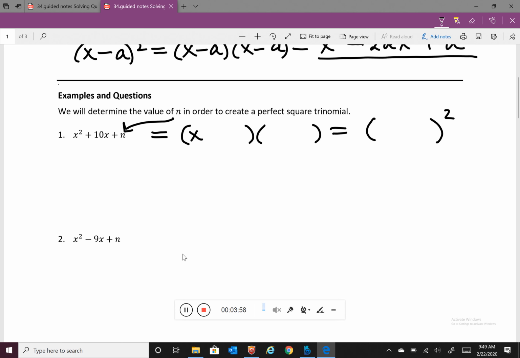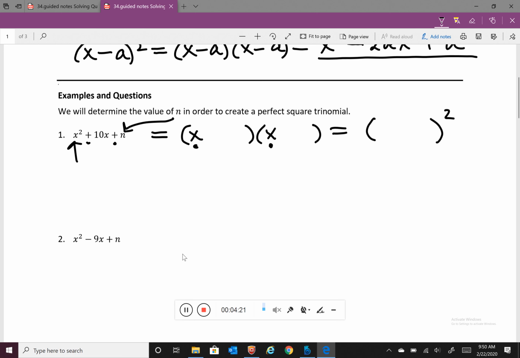So x squared is simply x times x. Now notice we have plus 10x and we have plus n, and we're looking for that value of n that is going to create a perfect square trinomial, that is a binomial times itself.